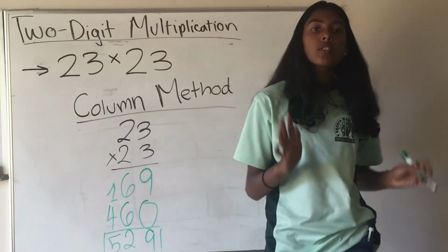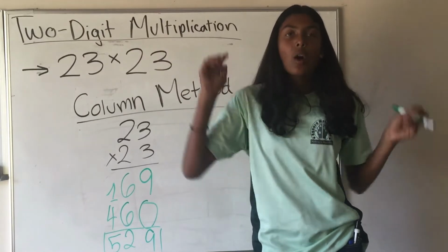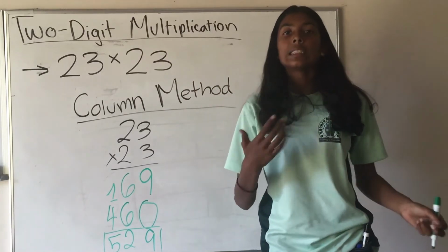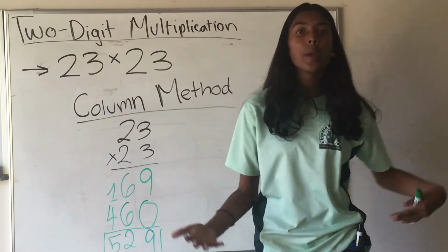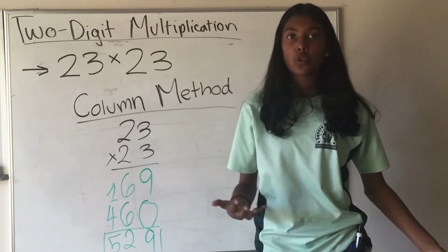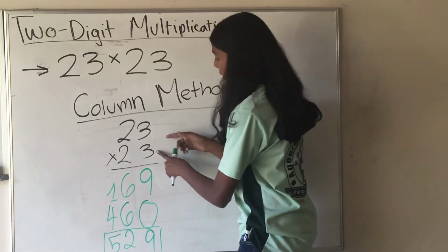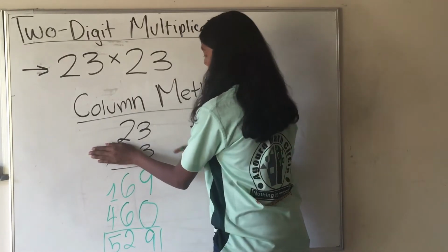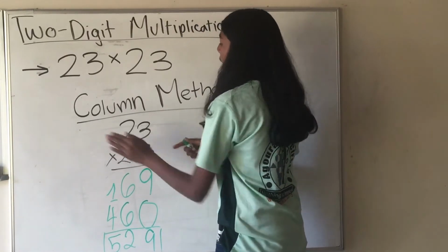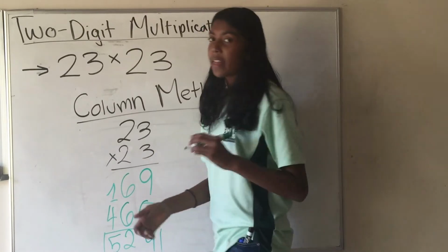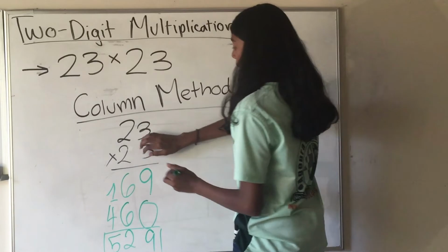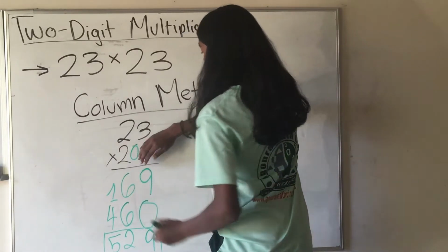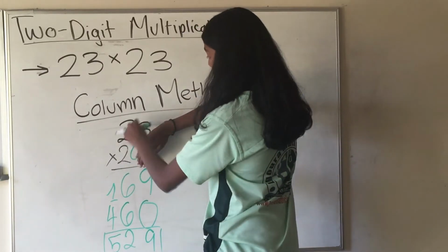And you may be wondering, why does this work? Well, here's the reason why. This is like the other ones, but instead we're putting it in a more numerical form rather than a visual form. So technically, we're starting off by just doing 23 times 3. And then, you see how we added that 0? The reason why we added that 0 is because the second part, we're doing 20 times 23, which gives us 460.